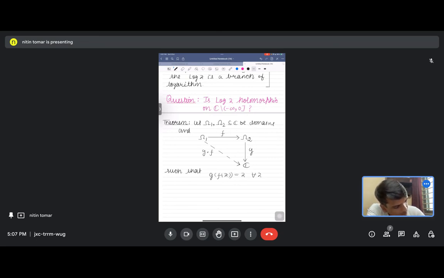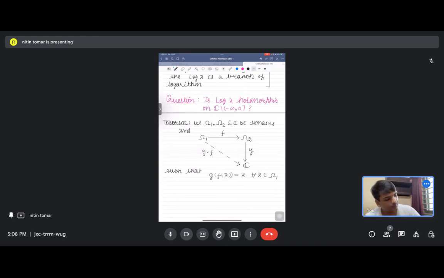For all z in, where will z come from? It is g of f of z. So z is coming from the domain of f. What is the domain of f? Omega 1.